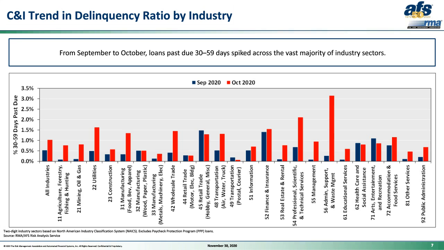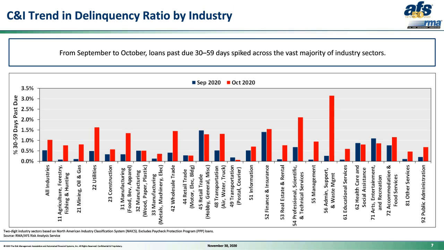We saw October levels 3 times September levels for the following industries and subsectors: 22 utilities, 31 manufacturing, specifically food and apparel, 42 wholesale, specifically grocery, 54 professional, which is computer systems design, 55 management or holding companies, and 56 admin, support, and waste management, and broken down, that was armored cars.